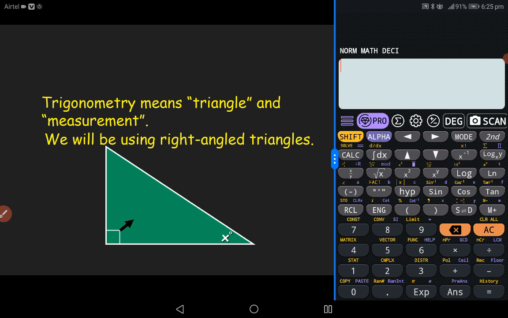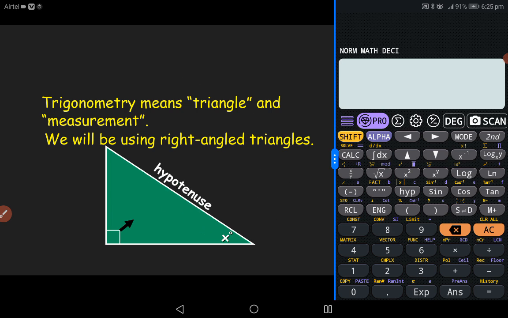If you look at the triangle with respect to the 90-degree angle here, the side which is opposite, facing the 90-degree angle directly, is called the hypotenuse.